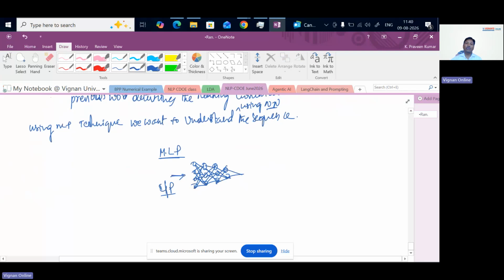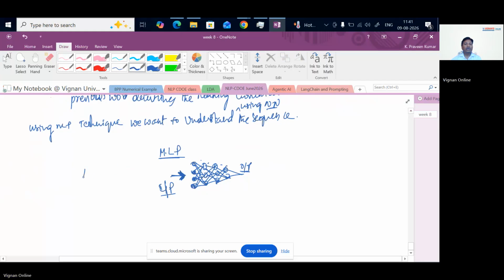Now here I am passing the input to this one. This input is passed, and through these weights this input is processed and some output is given here. Here the drawback is that we are unable to find the relation among the words when we send them in sequence.